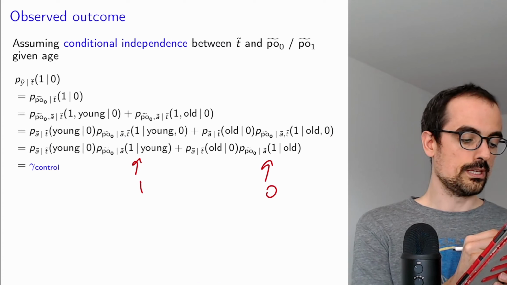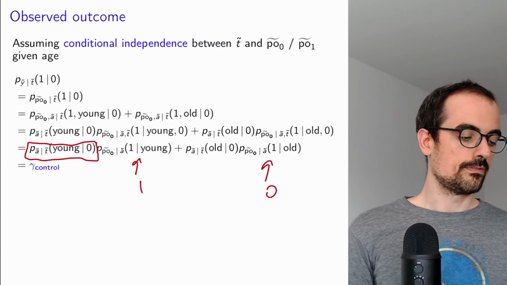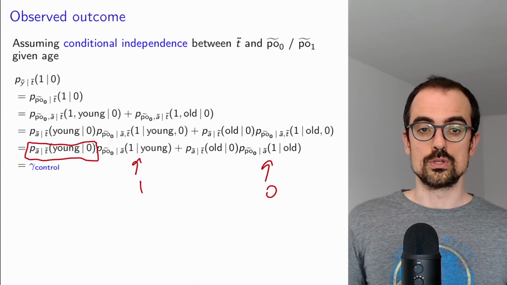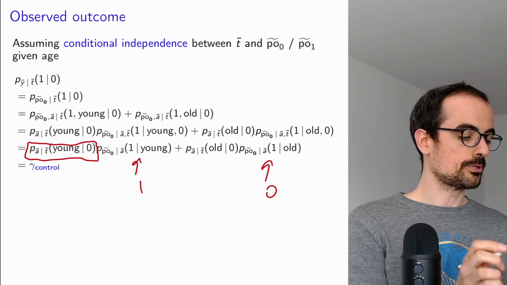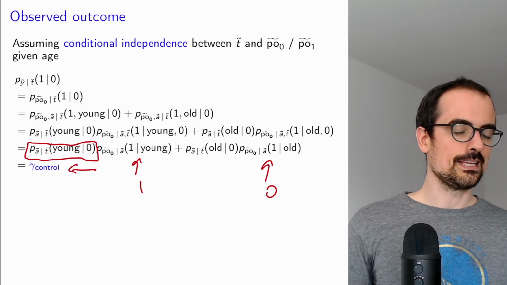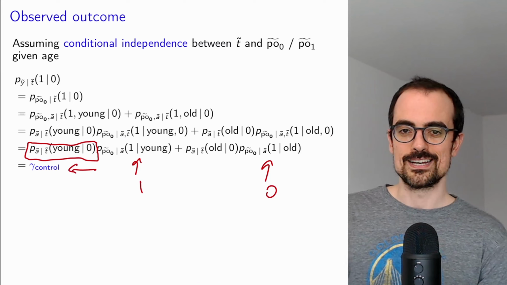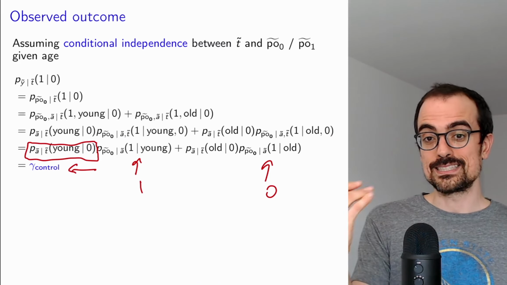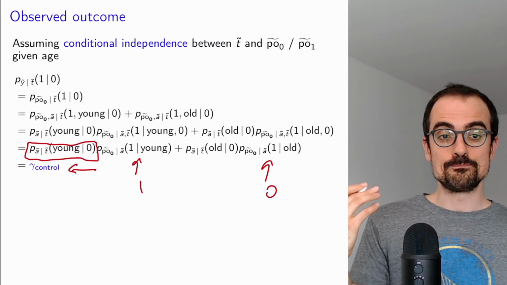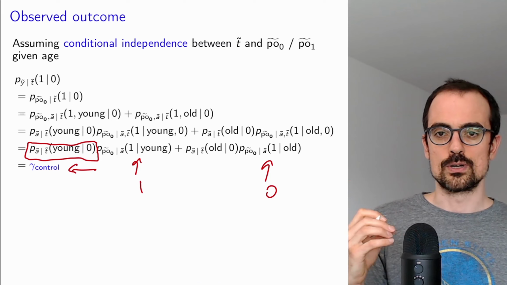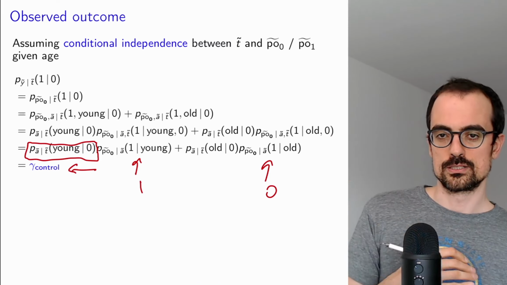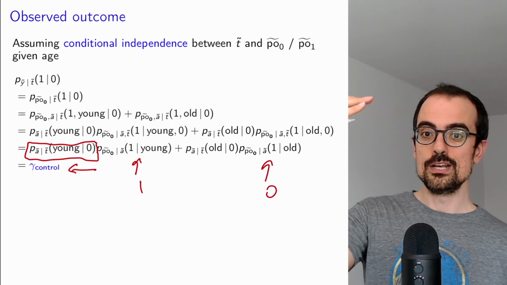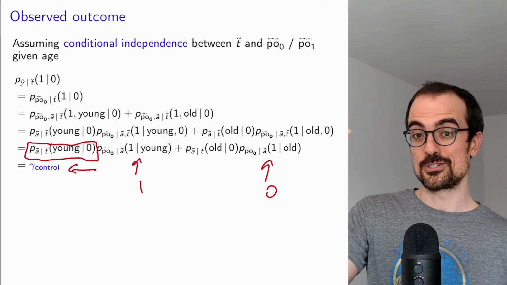So we're left with this probability of being young given that you belong to the control group. This is the observed effect. And now you can see that if the probability of being young given that you're in the control group is higher, the observed effectiveness of the drug is lower, because you're going to see that people in the control group recover really, really well, but that's just because they're young.